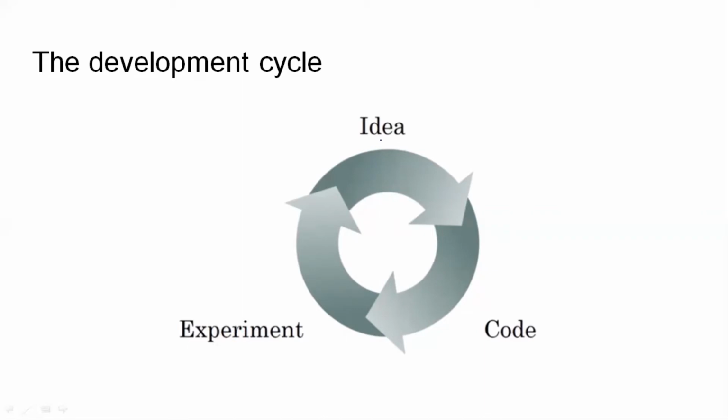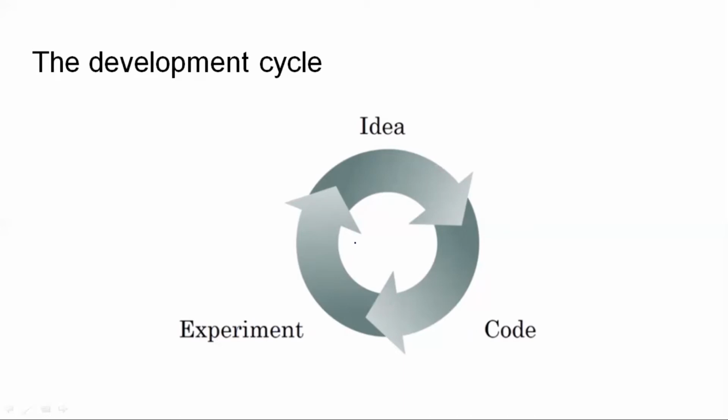We can tune the parameters, we can change some of the values, and then again we need to code and experiment with that algorithm. In this way, the development cycle of any machine learning algorithm goes on. This is a continuous iterative process.